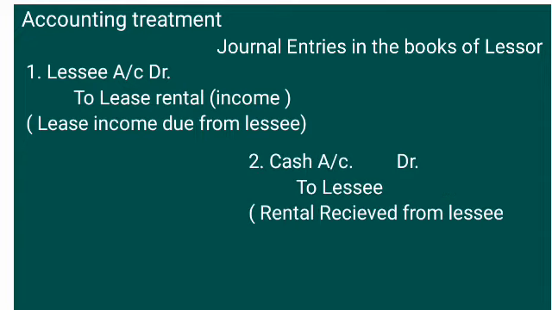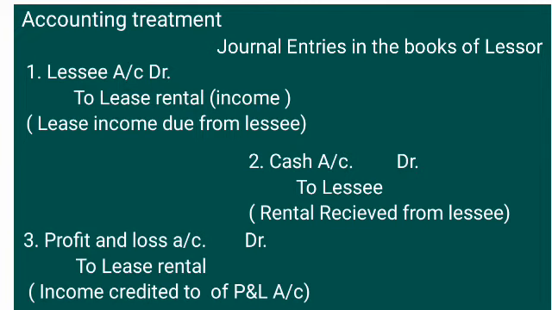The second journal entry is passed while receiving the rent amount from the lessee: cash account debit to lessee. And the third one, the income is credited to profit and loss account: lease rental debit to profit and loss account. These are the journal entries in the books of the lessor on operating lease.